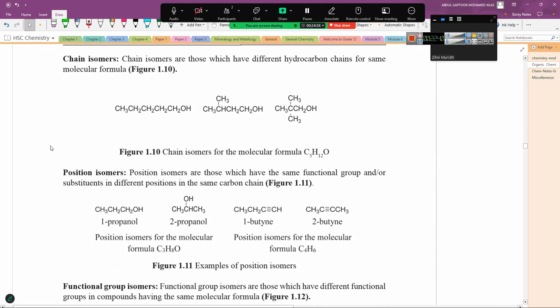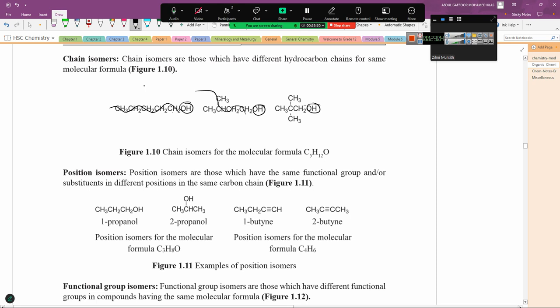Chain isomers mean the chain is going to be different. Sometimes it might be a branched or a linear one. If you look at this one, here the same functional group, OH, here also OH, here also OH. But here this is going to be your chain, and here this is going to be your chain.